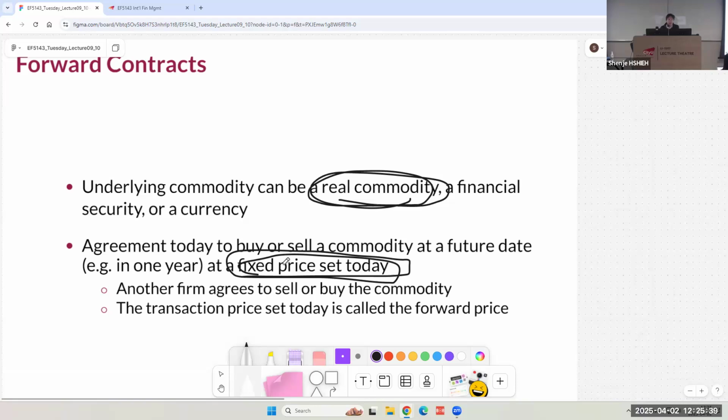So the spot price at maturity minus F is your return on the long position. And that's vice versa for the short position, right? You're hoping that the price falls so that you can buy cheap in the market in the future, and then deliver that cheaply at maturity, at the expiration date.